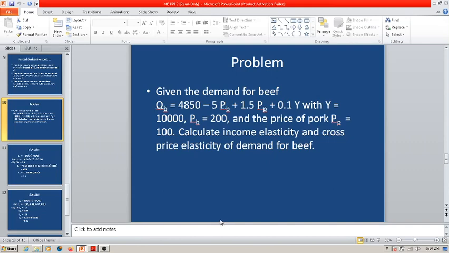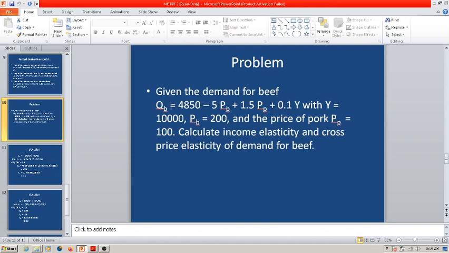Now coming back to our slide, a problem is given over here. Given the demand for beef, QB is given as 4850 minus 5PB plus 1.5PP plus 0.1Y.